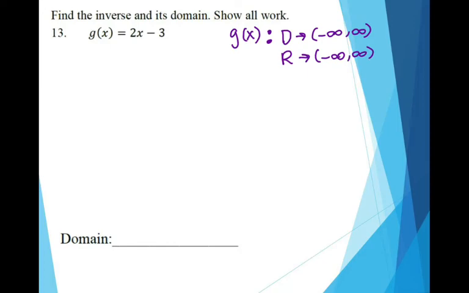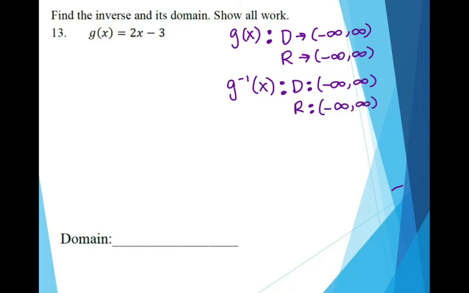So when I'm finding the inverse, which we denote with the negative 1, these two essentially switch. My range becomes the domain of the inverse, which for this one is not really anything special since they're both exactly the same, but you'll see it a little differently with the next example.